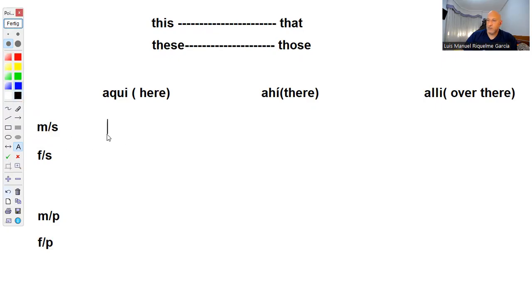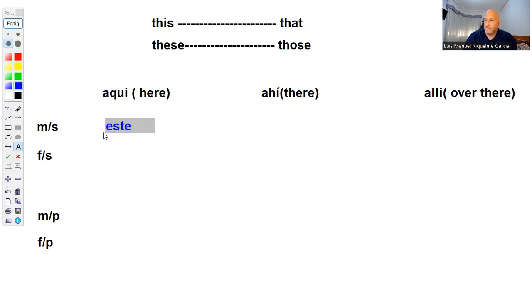Masculine and single. Close. Este. You have a phone in your hand. You say este teléfono. Because teléfono is male and single. Or este coche.